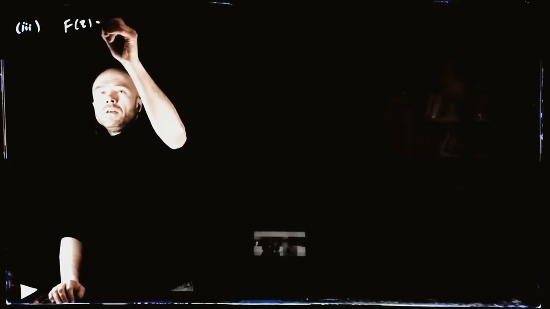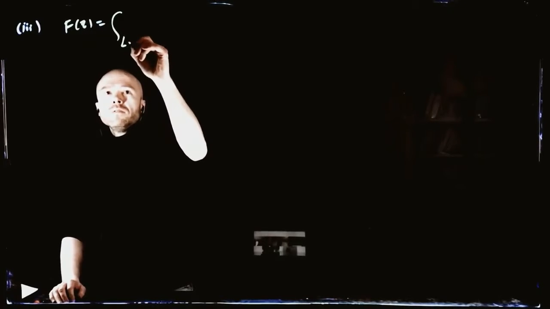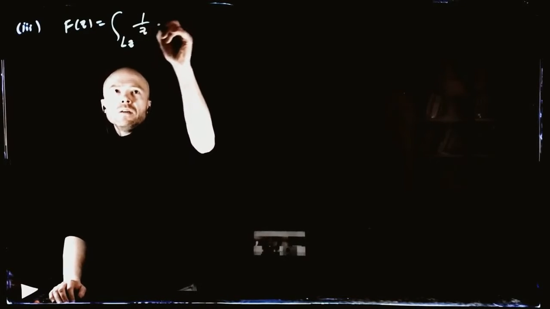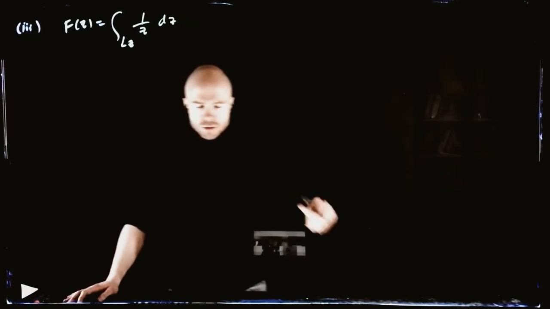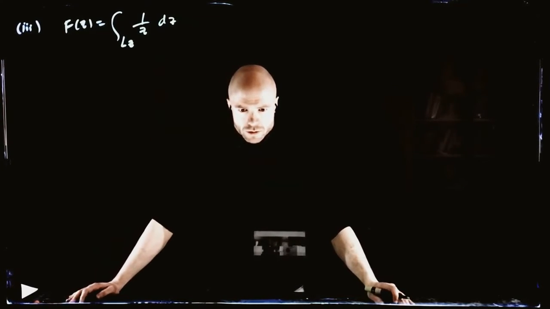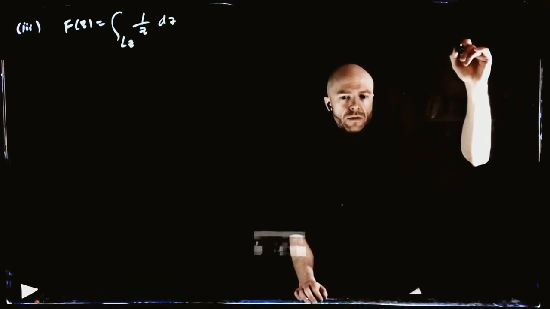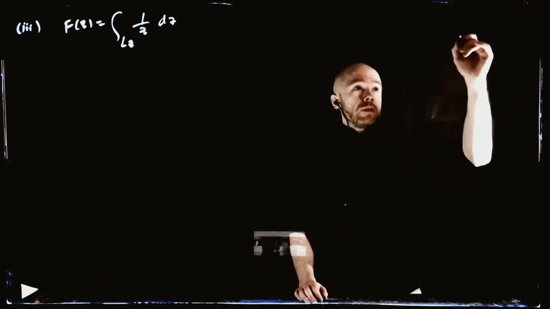I mean, how did we define our thing, right? How did we define it? We defined capital F of z to be the integral of L of z 1 over z dz. Yeah? So our path could well be just on the real line, right?